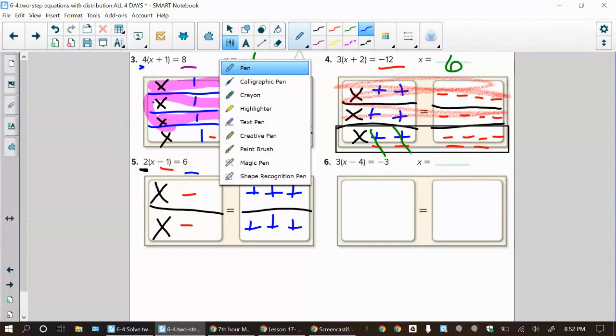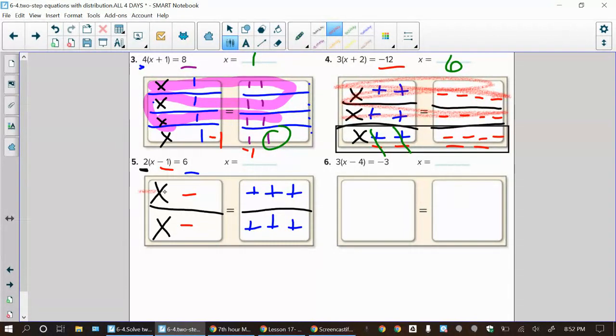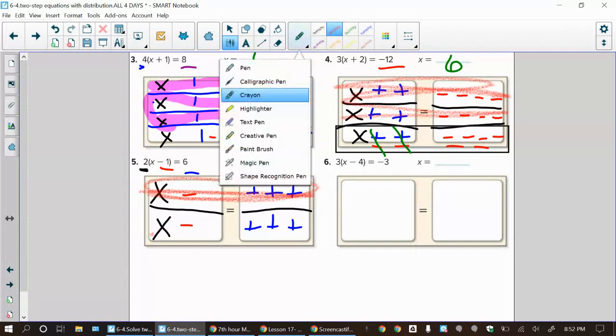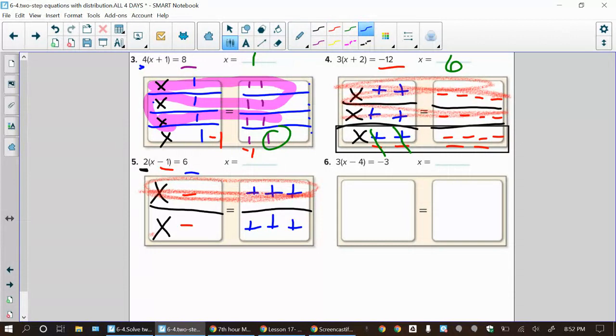Now remember, we're going to ignore everything but one section because we only want to know what this 1x is. Okay, what's the opposite of a negative? A positive. Those cancel. And then all I'm left with is how many do I have left here? 1, 2, 3, 4. x equals 4.